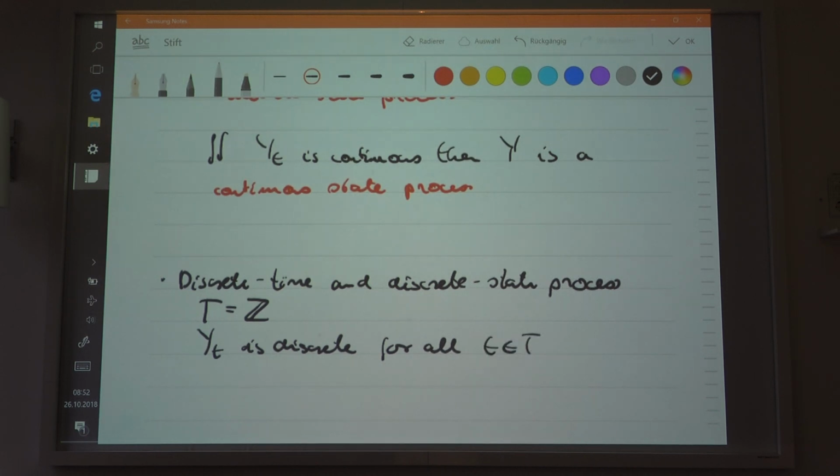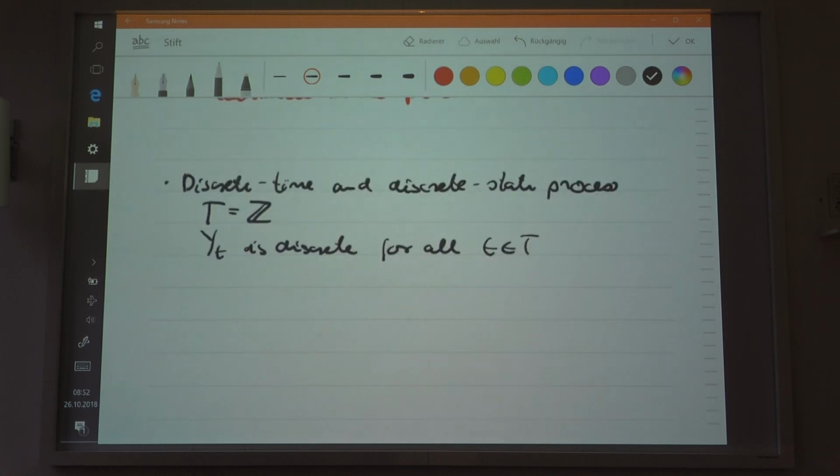It has to be discrete for all t. We're not going to look at processes that change this property. So we have a discrete-time and discrete-state process.